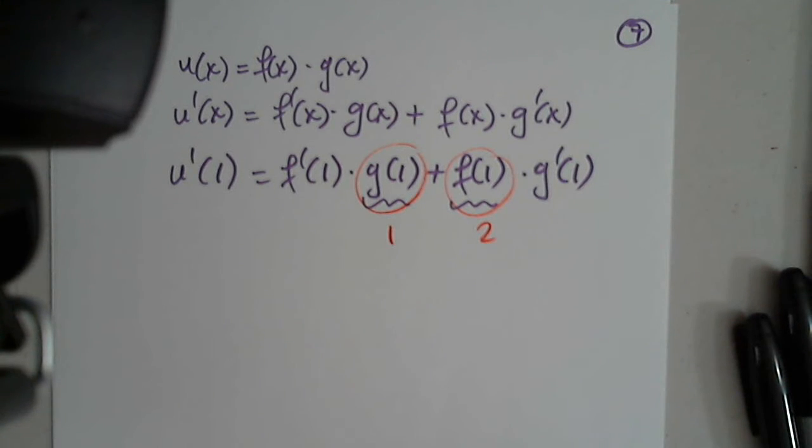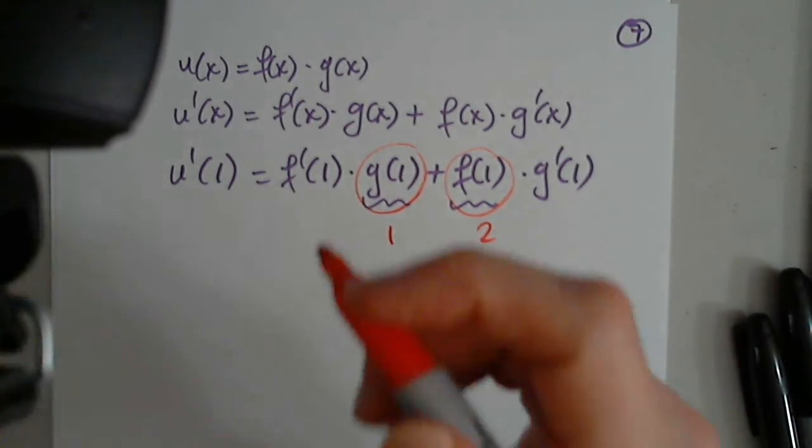It's a constant rate of change. It's a linear function. So I have this triangle that I'm looking at. It has a rise of 4 and a run of 2. So 4 over 2 is 2. And that is f prime of 1.